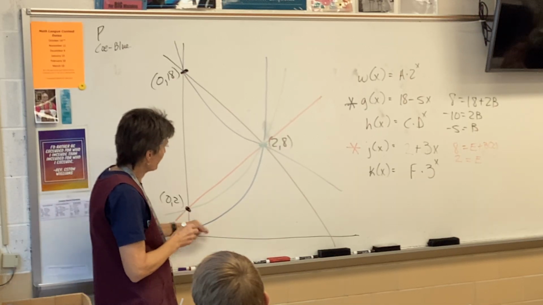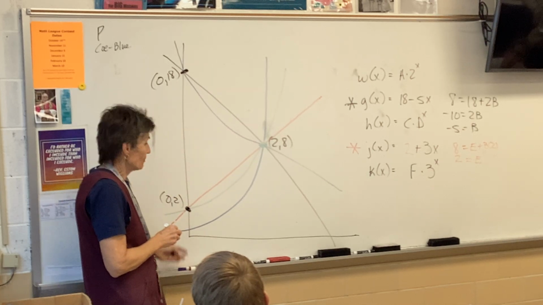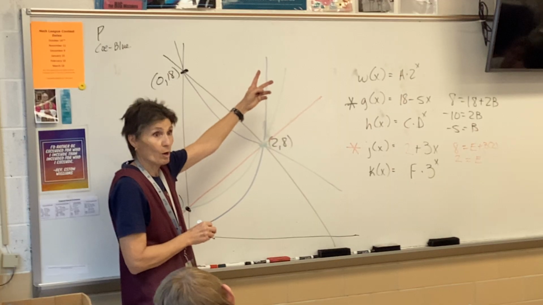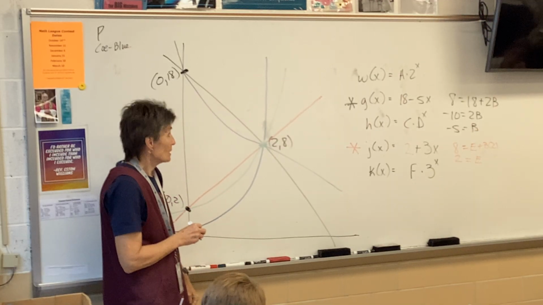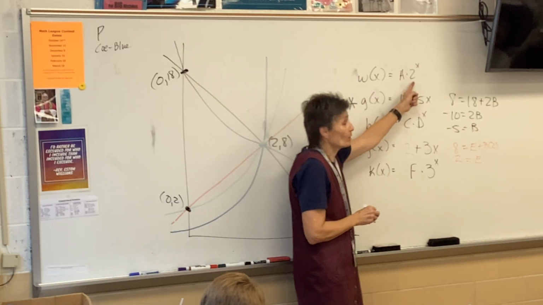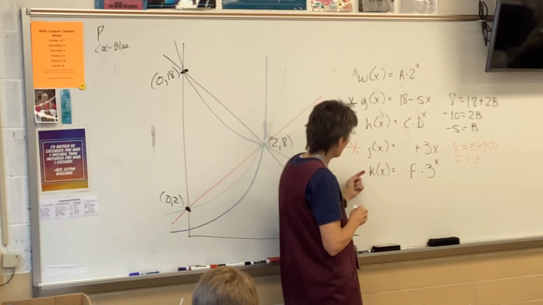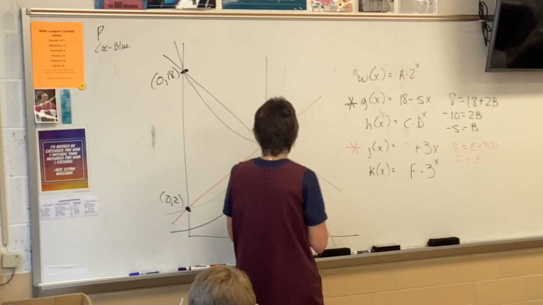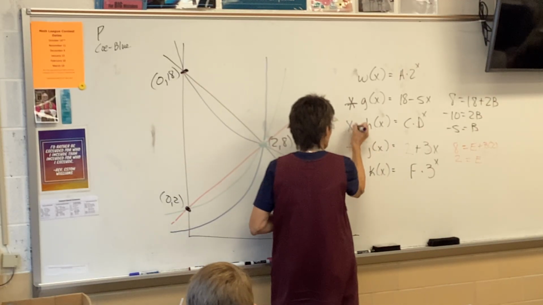Look at my green and my blue, and then look at my purple. The green and the blue are both examples of growth. The purple is decay. So if I look at my equations, isn't W a growth? And isn't K a growth? So the decay equation, which is the purple one, must be this right here.